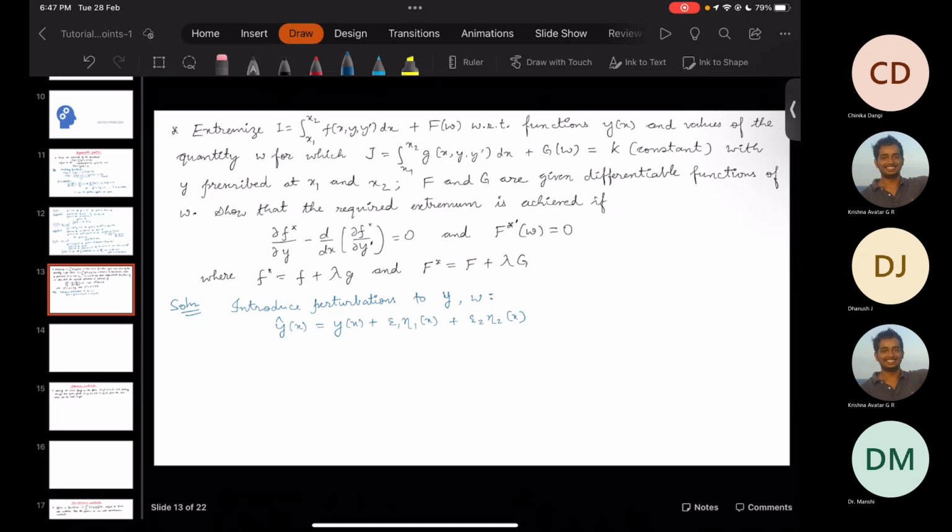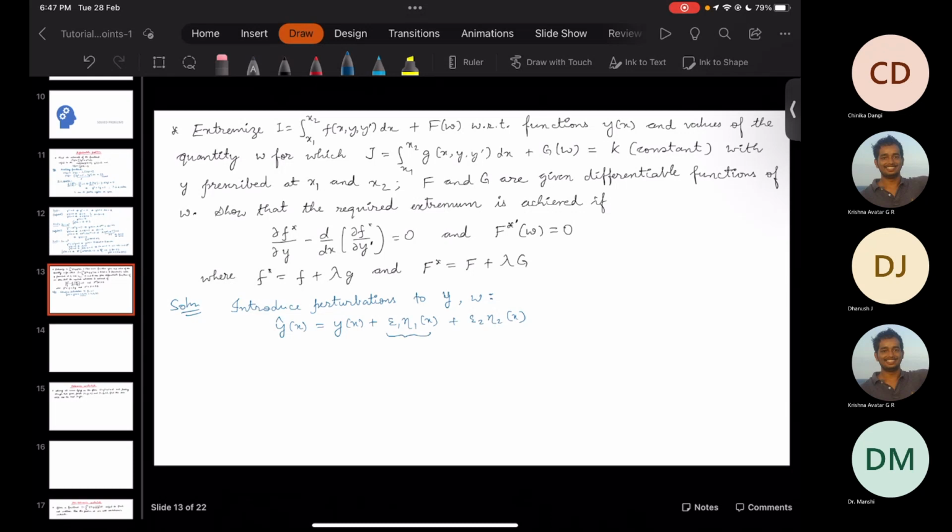The thing is, we perturb the main functional, which is I, using these perturbation functions, eta 1. However, if we introduce a perturbation to the functional, at the same time, these perturbations may not in general satisfy the isoperimetric constraint.